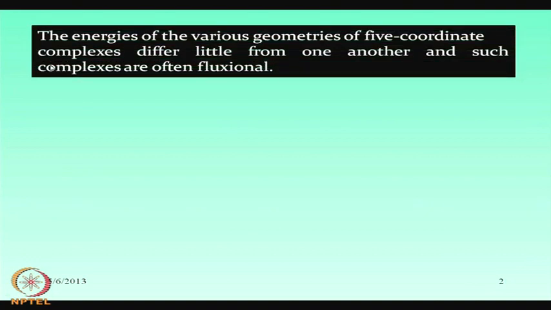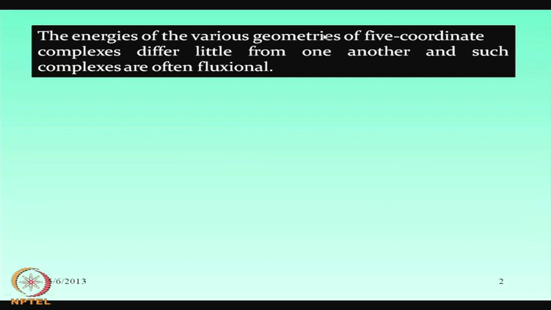So, we now have in our hand the square pyramidal geometry for a typical coordination number of 5. If there is any other alternative geometry which is 5 coordinate, all these 5 coordinate complexes can have some differences in energies. So, we can state the energies of various geometries.